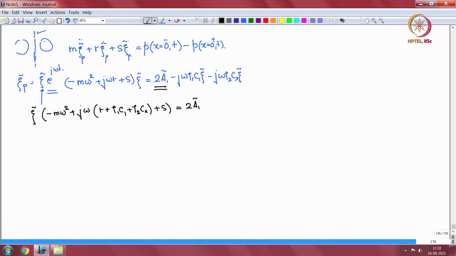So we will convert it to velocity. We will multiply by j omega and make it v tilde.